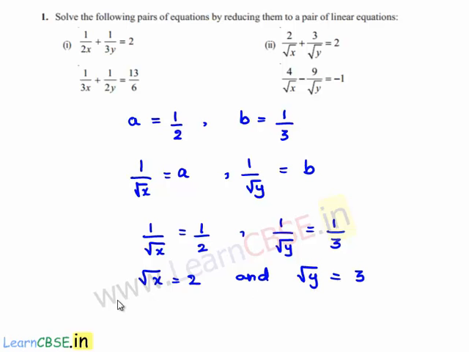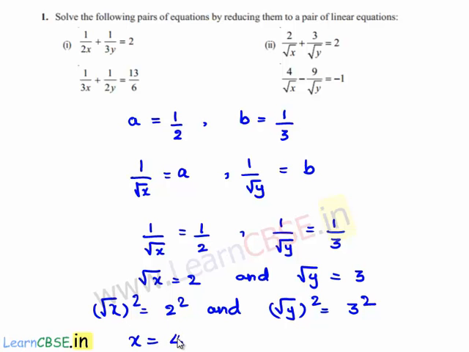On squaring on both sides, we get root x square is equal to 2 square and root y square is equal to 3 square. That is, x is equal to 2 square, which is nothing but 4, and y is equal to 3 square, which is 9. So finally we have obtained the values of x as 4 and y as 9.